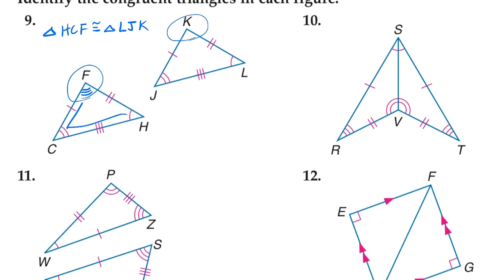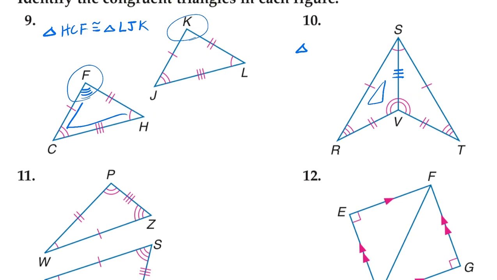All right, and the next one, let's see what we've got here. We've got all three angles already matching and two of the sides, and then we could just say by the reflexive property of congruence, SV is congruent to itself. So we're done. That's all three sides and all three angles of this left triangle, the same as all three sides and three angles of the other. So I could just make up any letters. This time I'm going to start with the right triangle. So this time my order will be using sides.